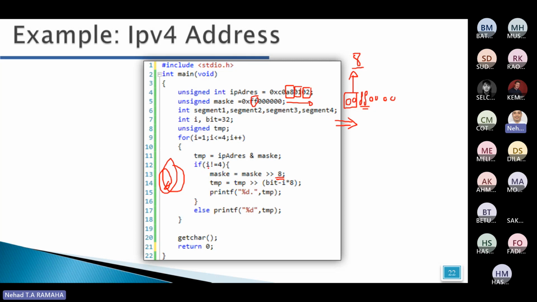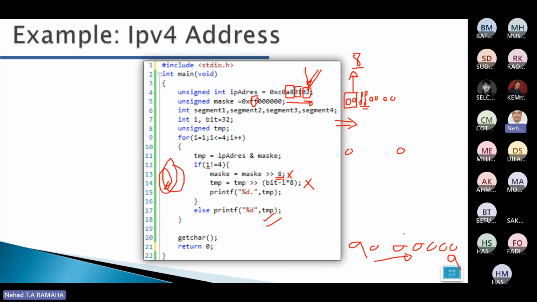Okay, we said if i not equal 4, we do this. Why? Because if i equal 4, this means we are in the last segment, then we don't need to shift the result and we don't need to shift the mask. We print it directly. If we are not in segment 4, then we have to shift the result, because I told you, if the result on the left, like this, it's 9 million, but we need it as 9, so we have to shift it.